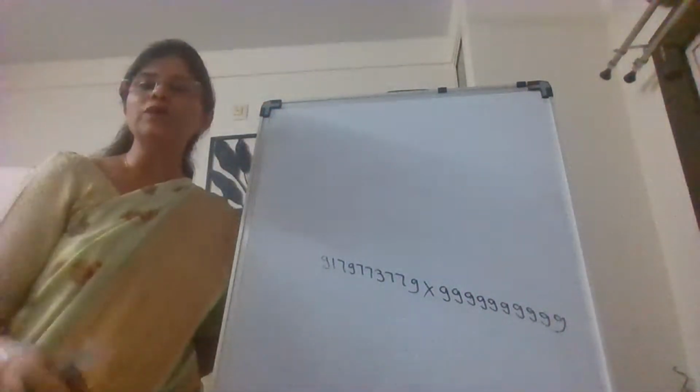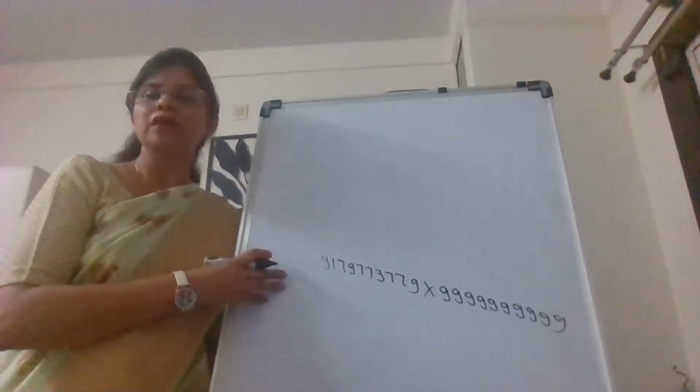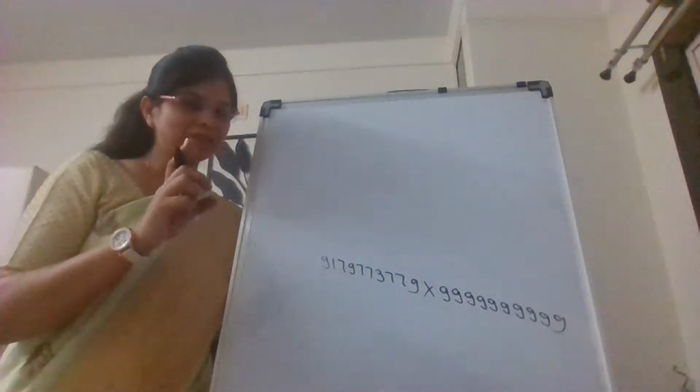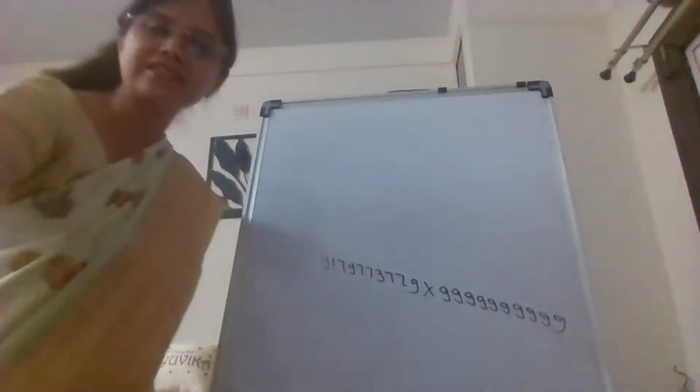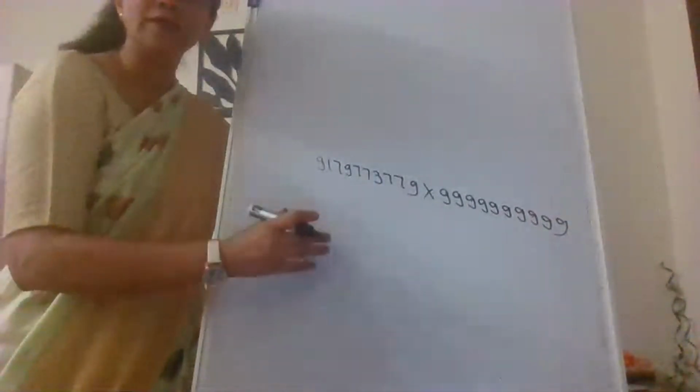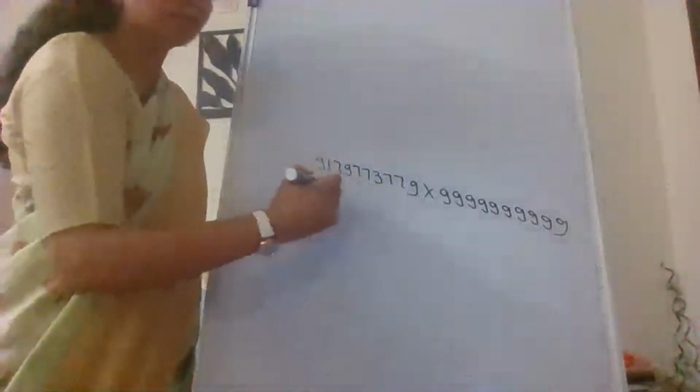The children who have learned Vedic maths from me know this trick. But those who are new, I won't tell you the trick. I will just write down the answer in seconds. I want to show you just the magic of Vedic maths, how it works. Okay, so I'm writing down the answer with the last number.